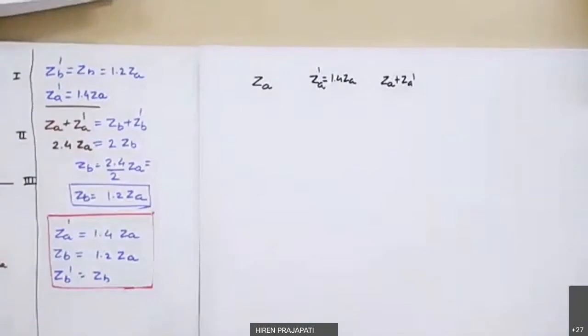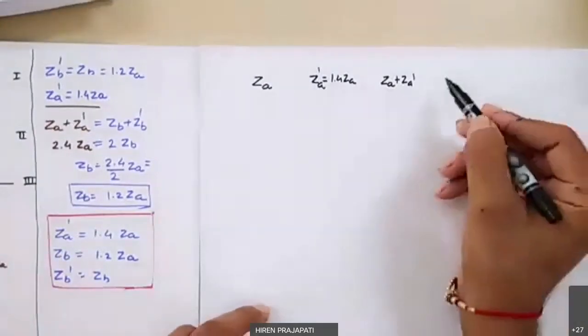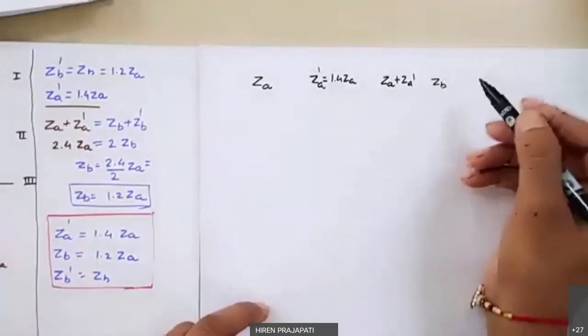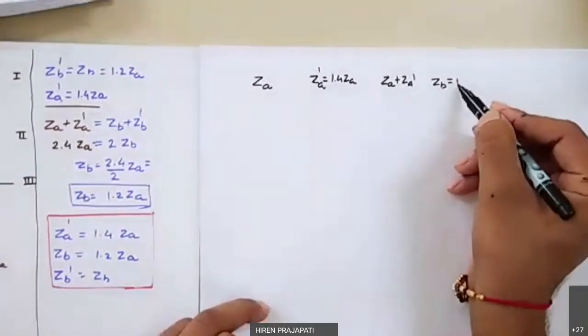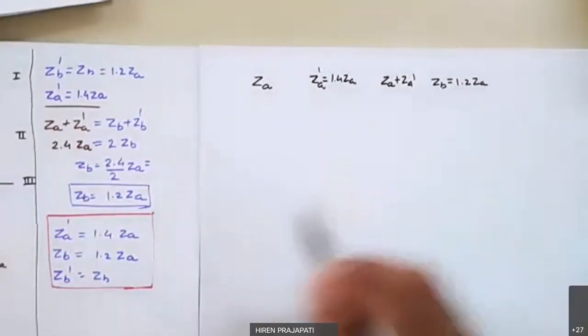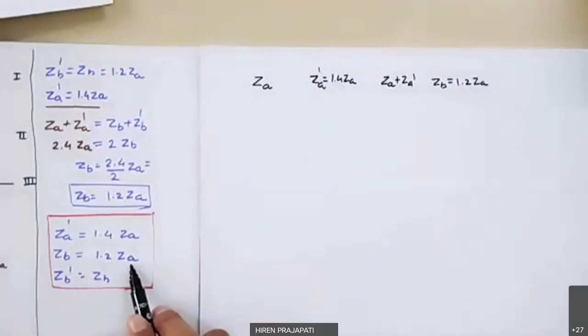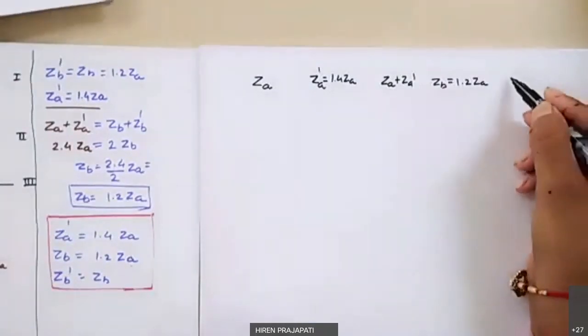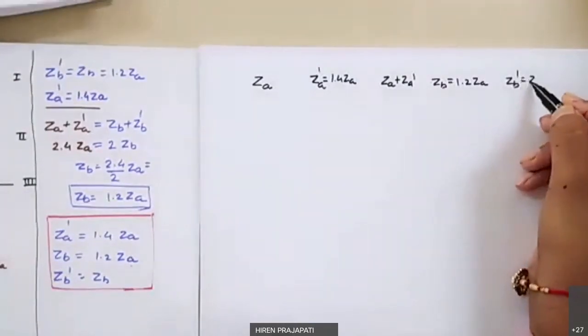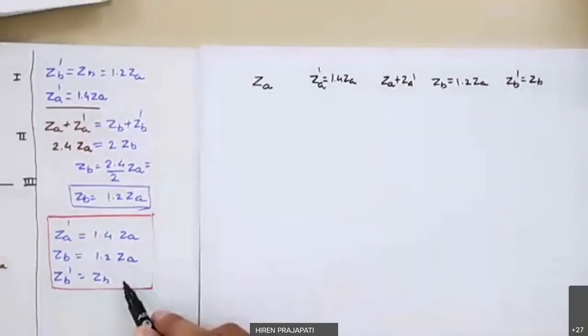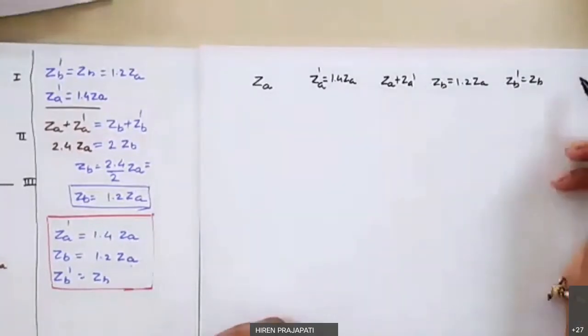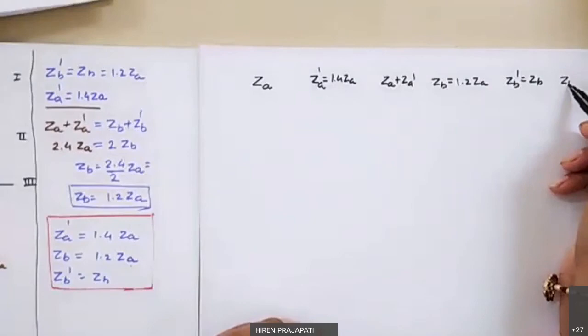Then ZB is equal to 1.2 times ZA. That is what we got here. ZB dash is equal to ZB. This is given here. And finally, we need to also check ZB plus ZB dash.